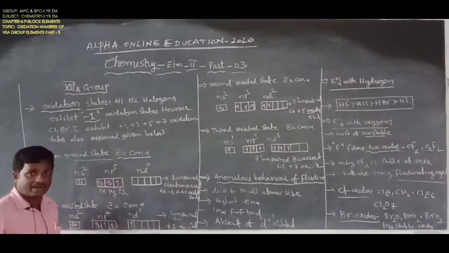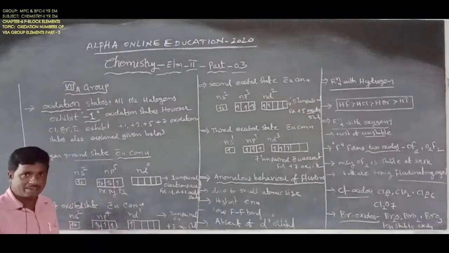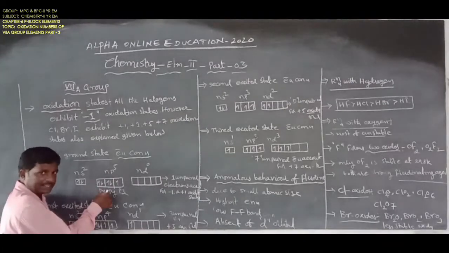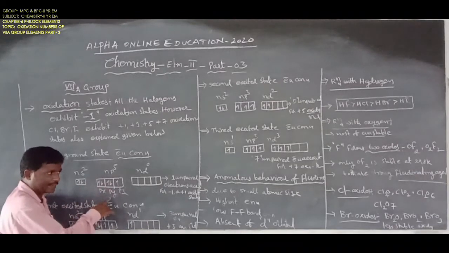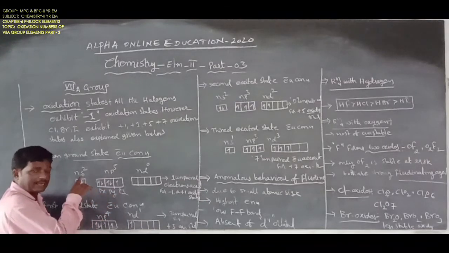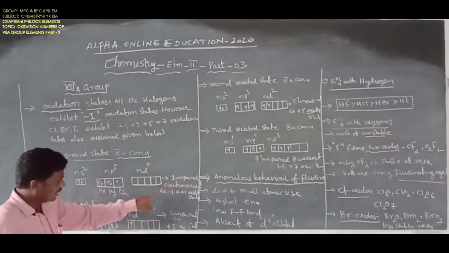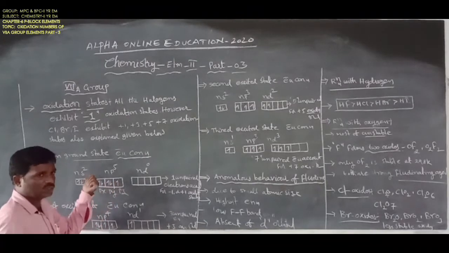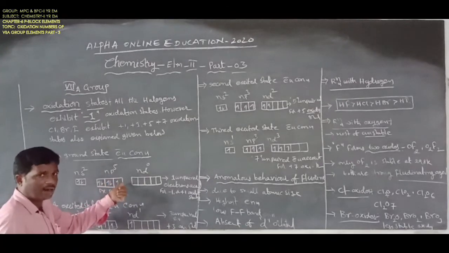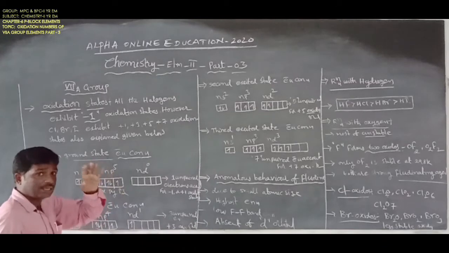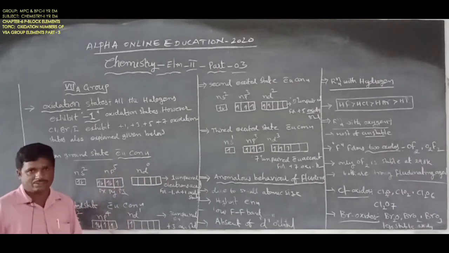So those elements exhibit the -1 or +1 oxidation state because of the ground state electron configuration ns2 np5, with only one unpaired electron in the pz orbital.